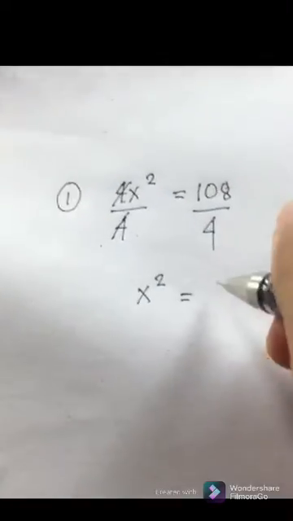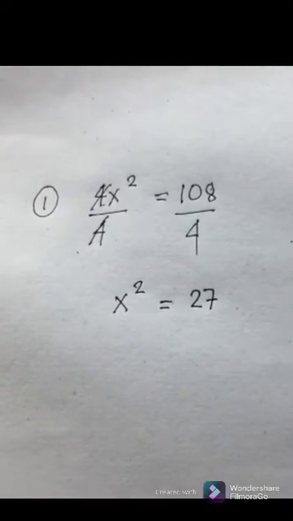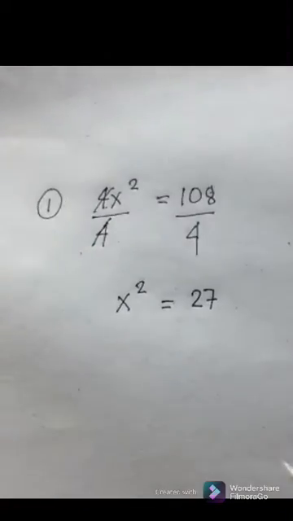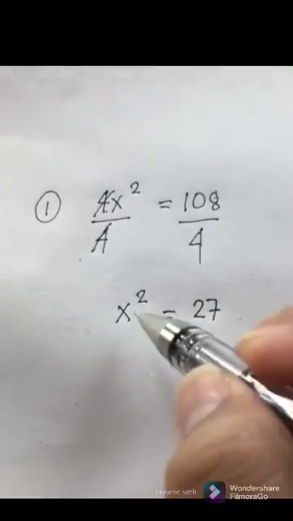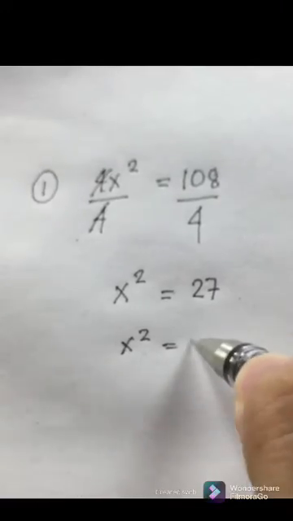So this time 108 divided by 4, so that will give us 108 divided by 4, that is equals 27. Okay, so that means 108 divided by 4, that is 27. And then using extracting square roots, because this is squared, so you're going to use square root to simplify.